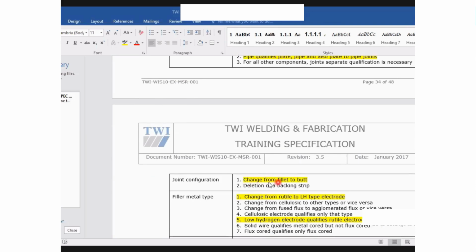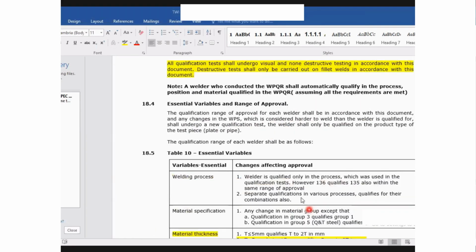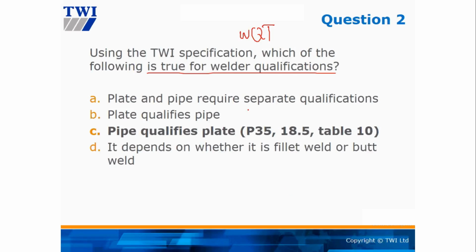But changing from fillet to butt is not allowed. Changing from rutile to low hydrogen is not allowed. Changing from active gas to inert gas or vice versa is not allowed, because that affects the approval. Yeah.